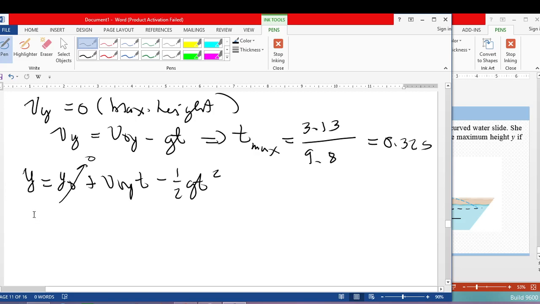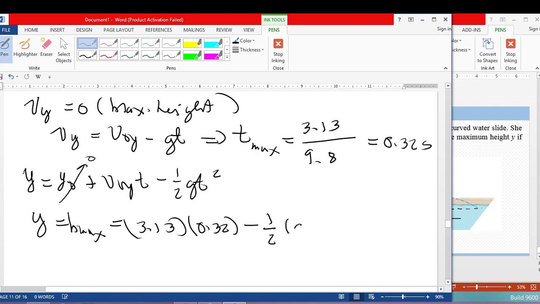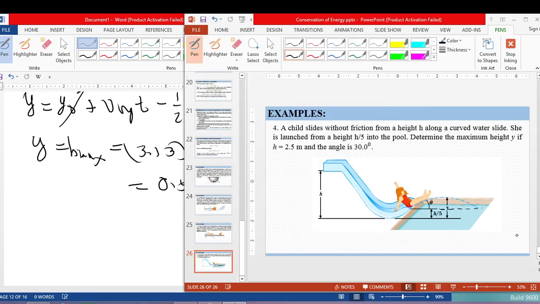So y equals v0y t minus 1/2 g t squared, which is 3.13 times 0.32 minus 1/2 times 9.8 times 0.32 squared. That is equal to 0.50 meters.